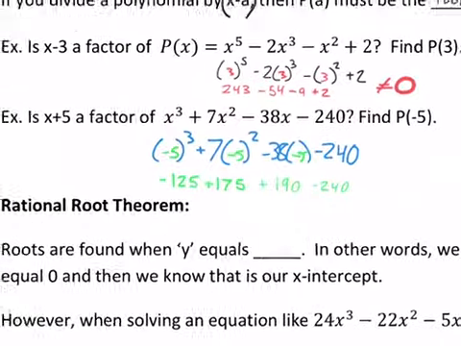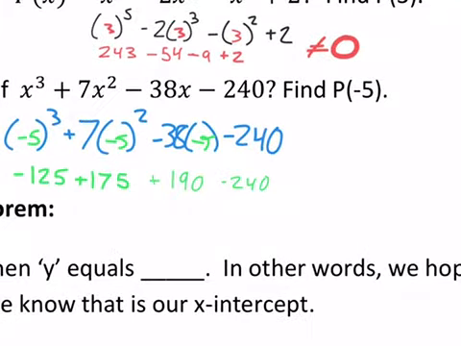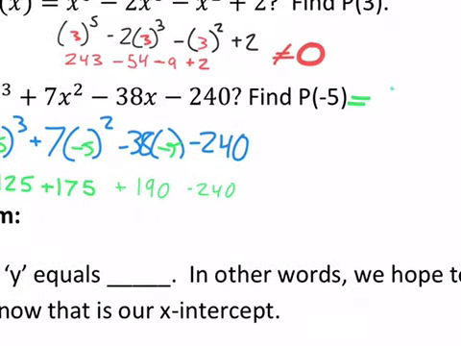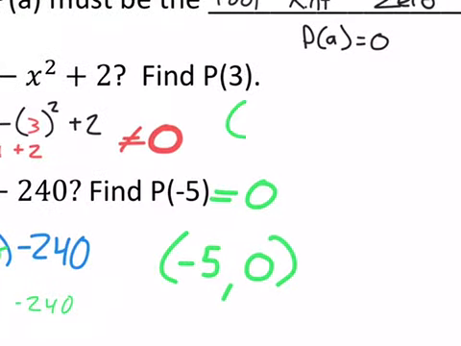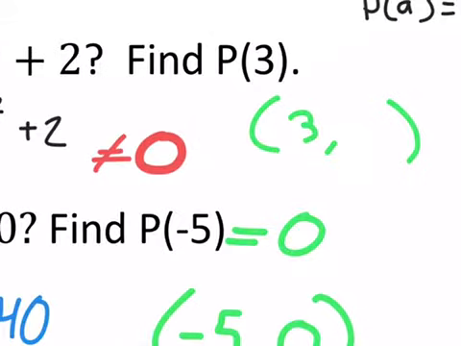If you type all that into a calculator, you realize P of negative 5 is equal to 0. Another way of viewing this is just like function notation: negative 5 comma the result, which is 0. Just like the one up above, 3 comma, and if we finish calculating that one, it lands at 182.